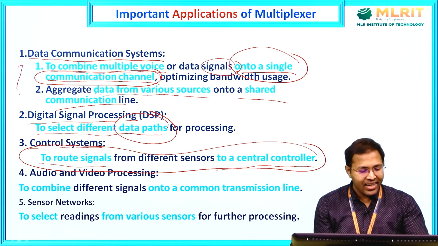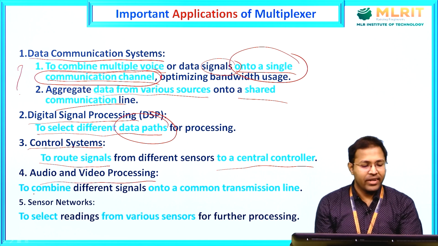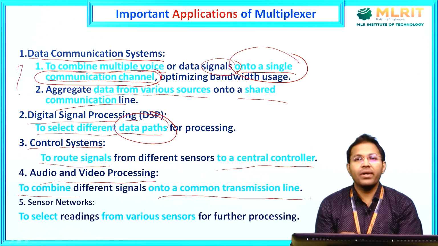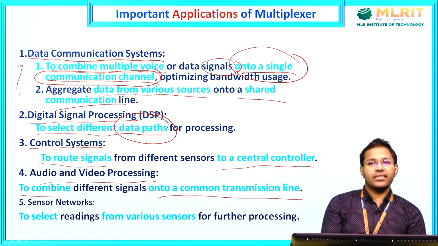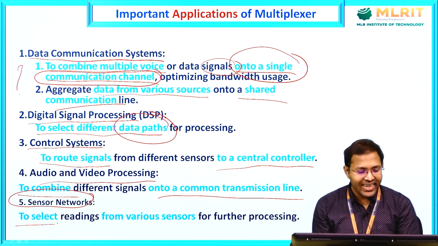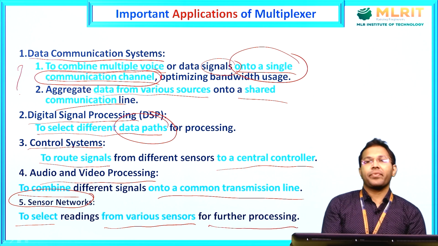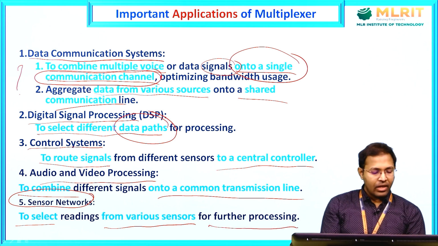Then in video and audio processing, to combine different signals onto a common transmission line, we can again use the multiplexer. Then in sensor networks, to select readings from various sensors for further processing. So these are the applications of multiplexer.